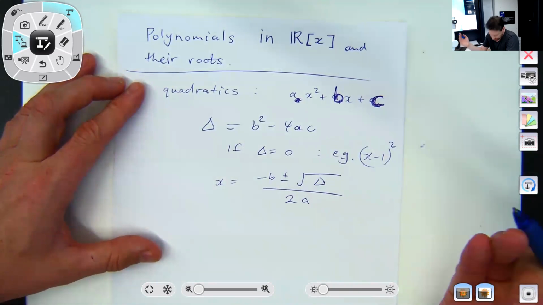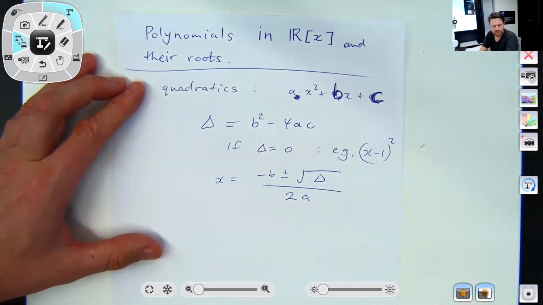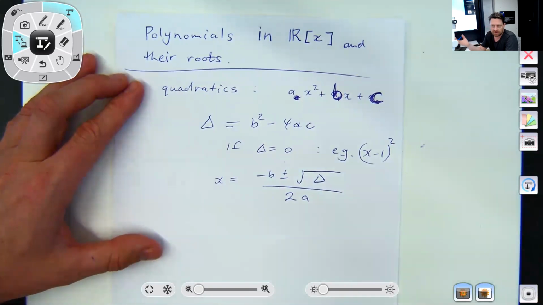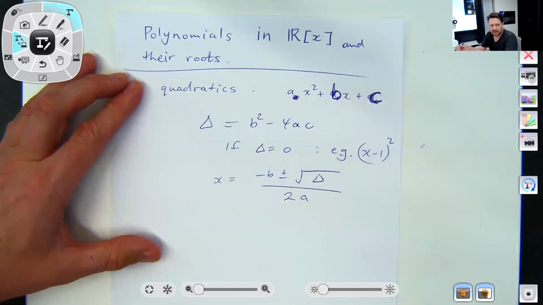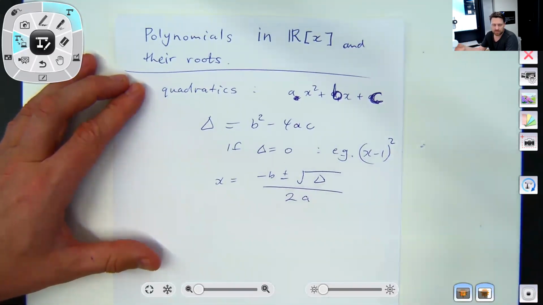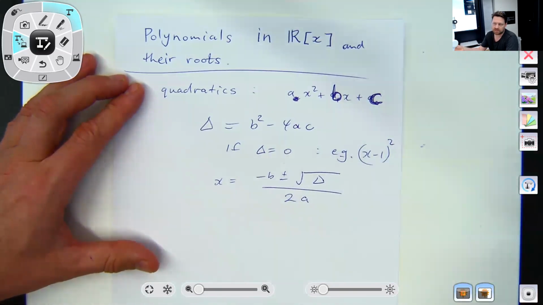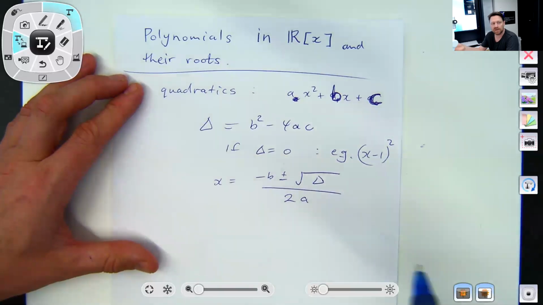Okay, and so that brings me to the fundamental theorem of algebra, which says that if you have a polynomial of degree n, then you have exactly n roots of the polynomial that are all complex, right? So real numbers are also complex numbers because they're a subset of the complex numbers.